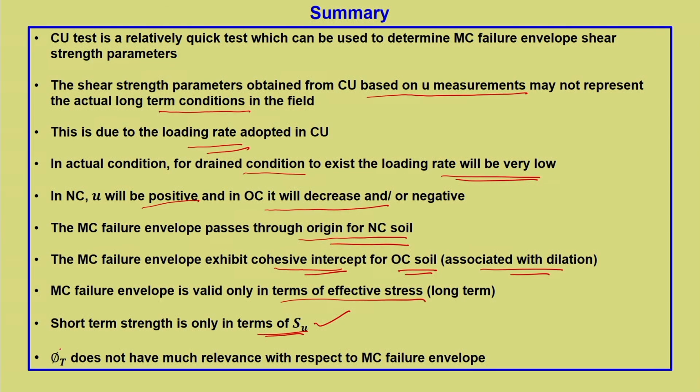Phi t, the total strength parameter which you obtain from the total stress, does not have much relevance with respect to the Mohr Coulomb failure envelope. Okay, so that is all for the interpretation of the consolidated undrained test.